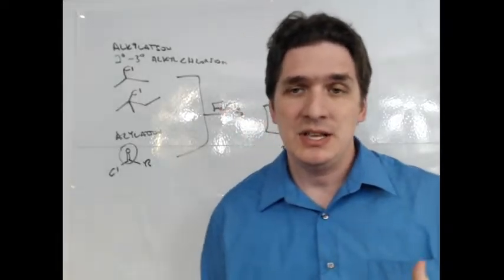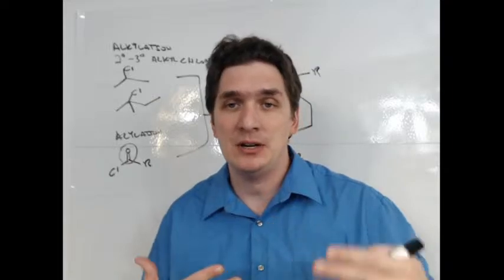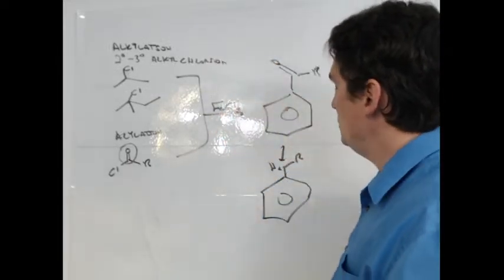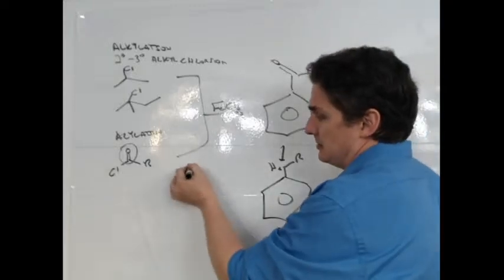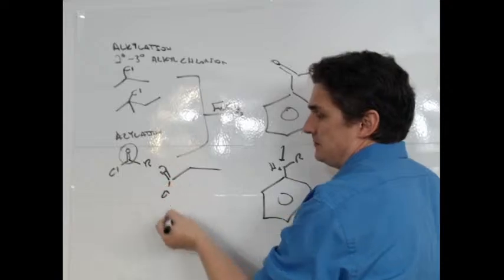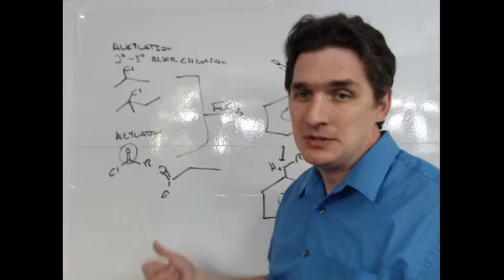But the advantage here is that we can make it look like we're attaching a primary alkane to the benzene ring. So if we want to attach something like propane, we would do this propyl acyl chloride, attach it, and then reduce it.